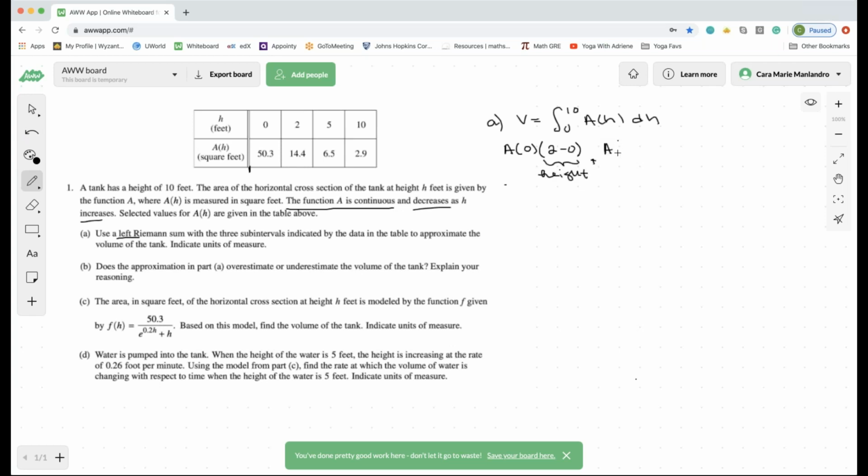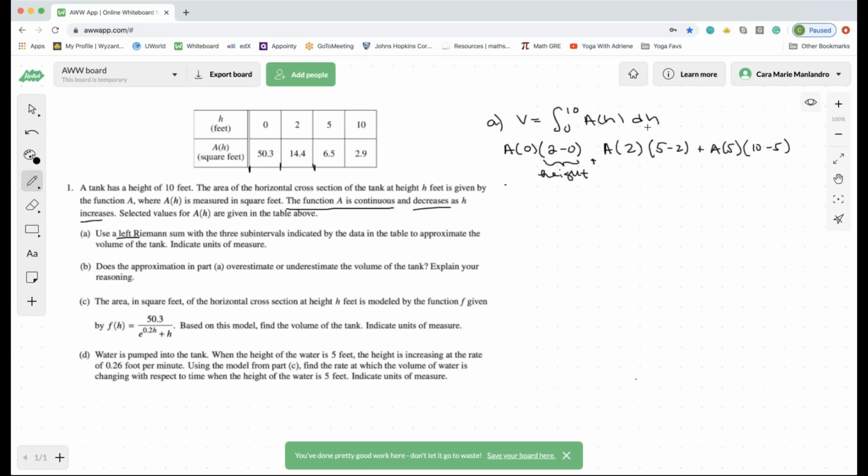Then I'm going to add A of 2, and the height of that interval is going to be 5 minus 2, this minus that. Then I'm going to add one more, A of 5 times the width, which would be 10 minus 5. Then we will just plug and chug, add them all up.